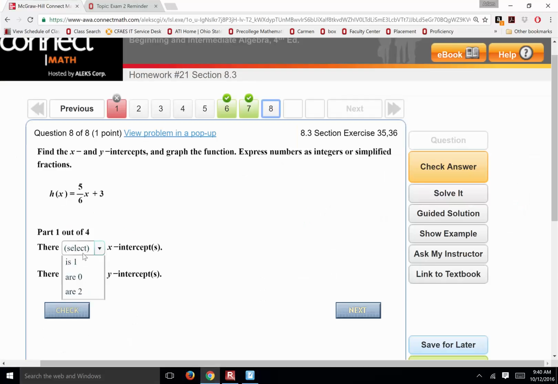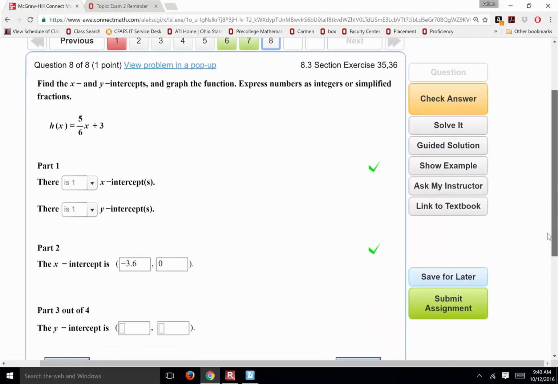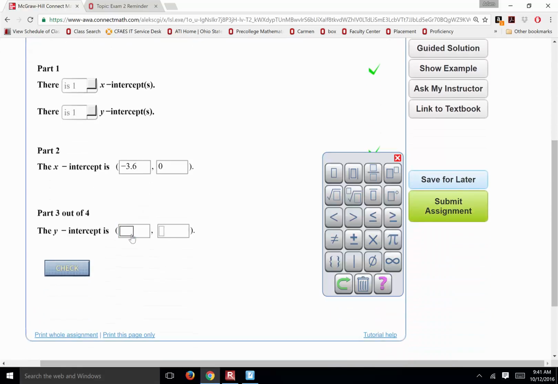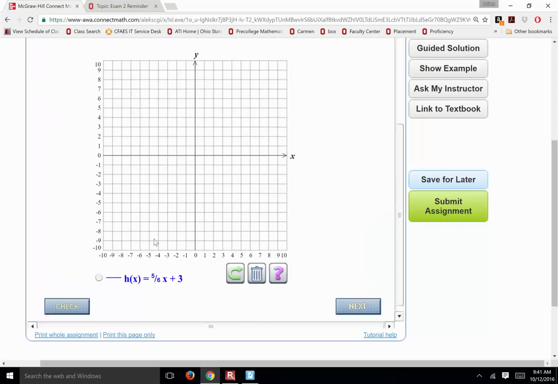So sketch one of each. X-intercept is minus 18 over 5. I wonder if it's gonna like the decimal answer. So I want to test minus 3.6 and 0. Check. It did. Y is 0, 3. Sometimes system doesn't like decimals, only wants fractions, so just beware.